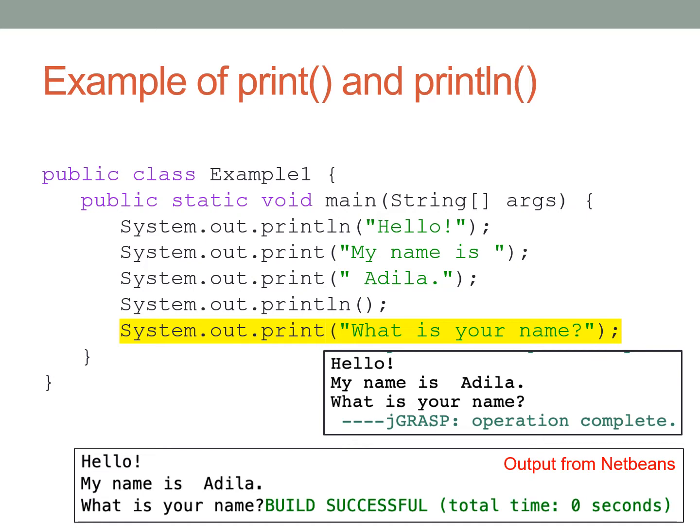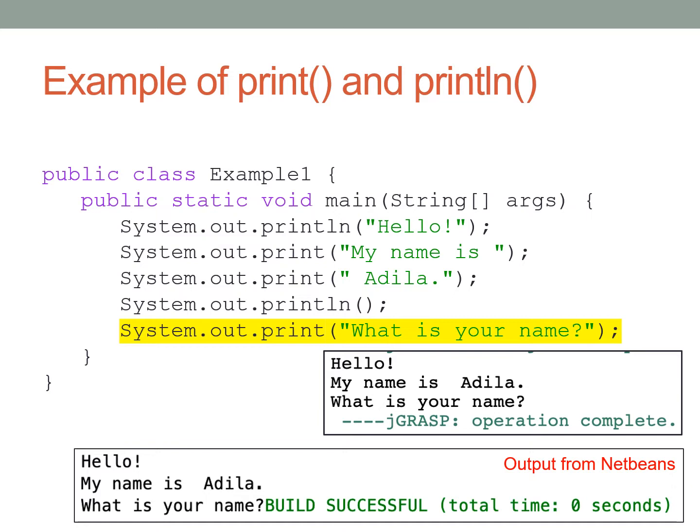With println, it will print what you have written within the double quotes, then go to the next line. With the print method, after it has printed the value, it will stay on the same line. So that's why, with System.out.print("My name is") and System.out.print("Adila"), even though we have two separate statements, both of them will be displayed on the same line.